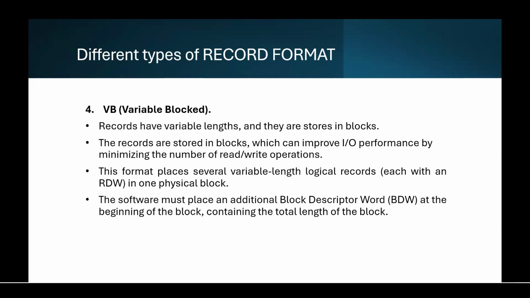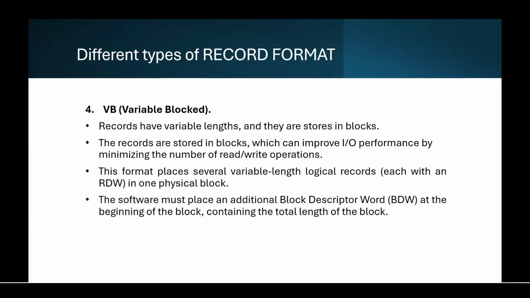So yes, in the previous slide, we discussed the variable length record. Firstly, we will be having the RDW, and after that, we will be having our actual record. So this format places several variable length logical records, each with an RDW in one physical block.